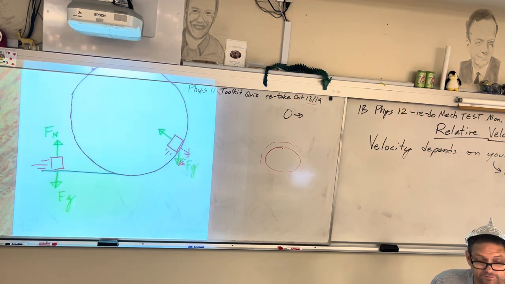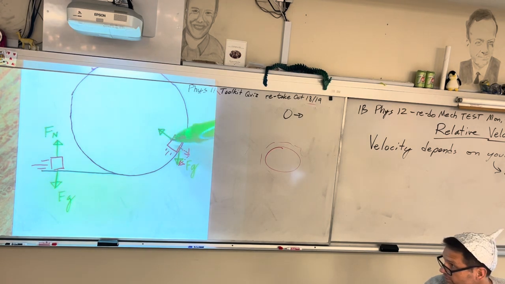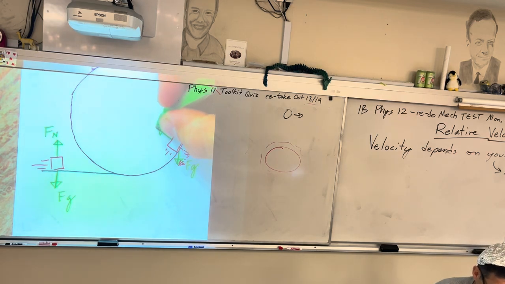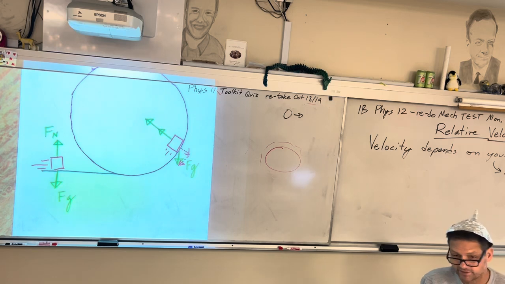Well, does it have to be? Yeah, it has to be if it's going to keep moving. So it can't be just the same as this perpendicular component. It has to be bigger. So you can draw it like that. What's that going to produce? Acceleration. Ben, say that again.